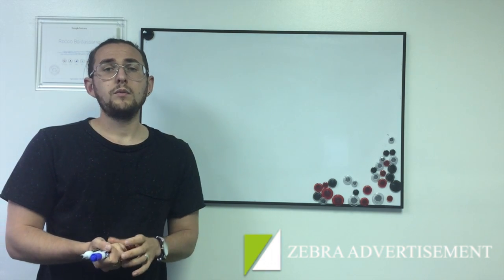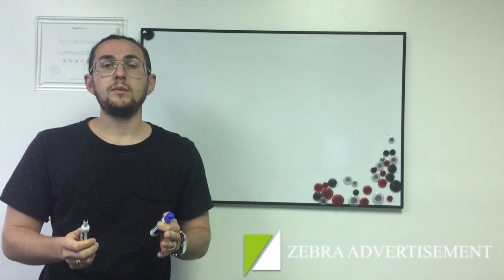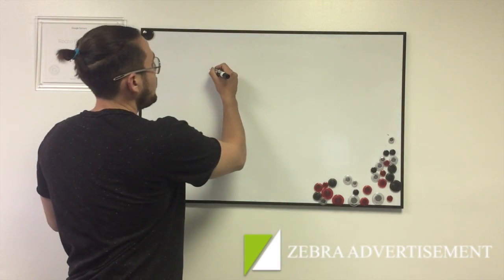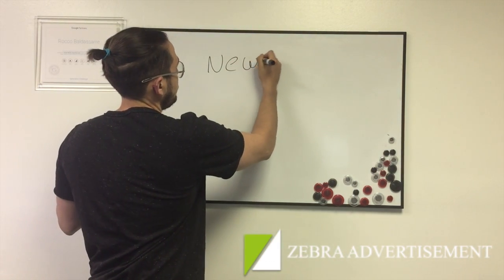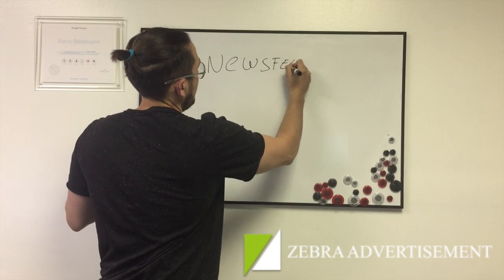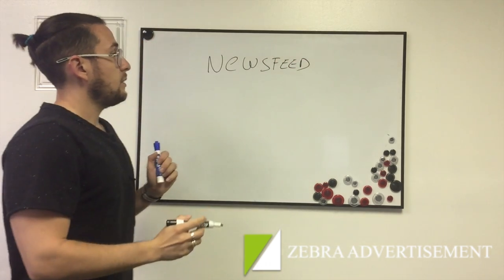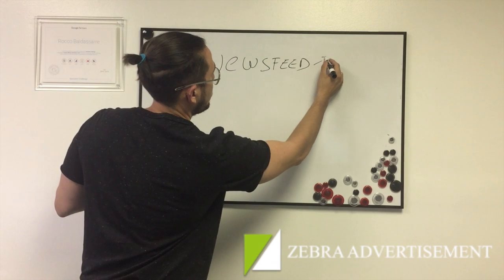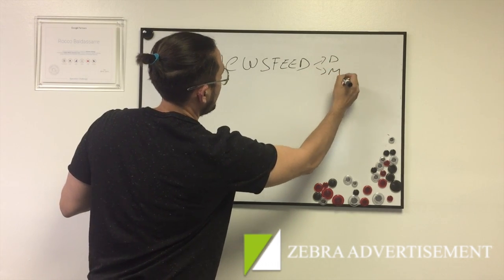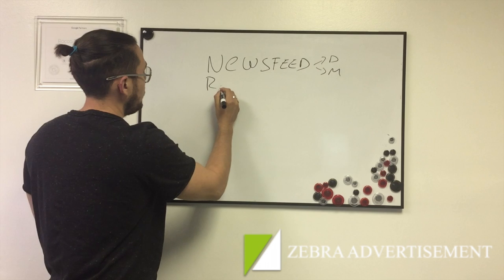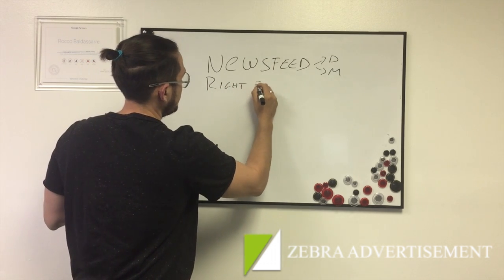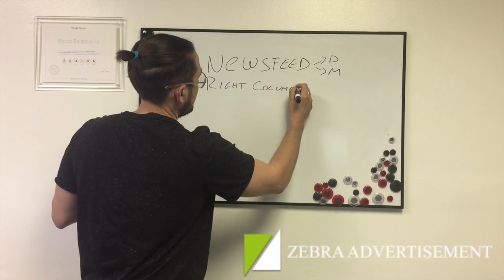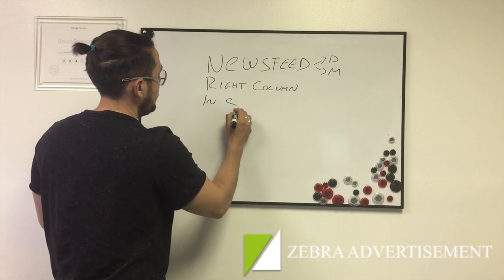In order to get started, we need to understand what kind of placements you have on Facebook. First of all, you have the newsfeed. The newsfeed is going to be used both on desktop and mobile. Then you're going to have the right column. You're going to have in-stream ads.